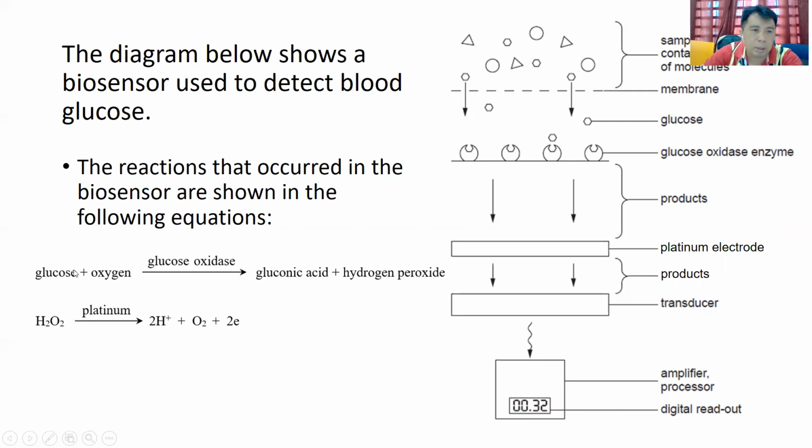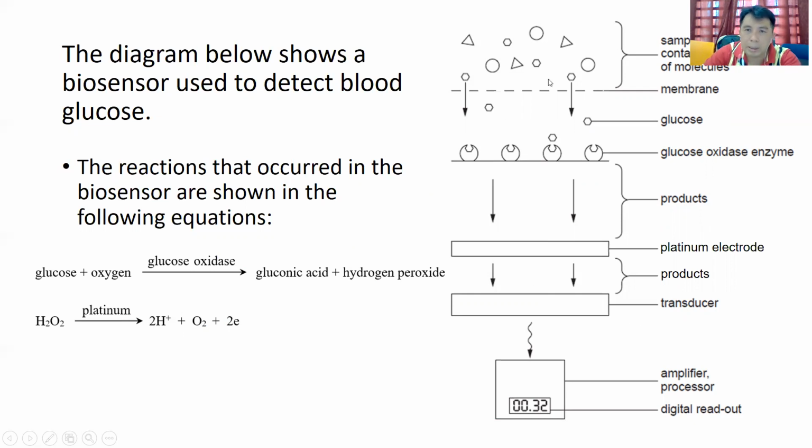The reaction equation is given: glucose plus oxygen, with immobilized glucose oxidase, converts into gluconic acid and hydrogen peroxide. Then the platinum electrode oxidizes or splits the hydrogen peroxide into hydrogen ions, oxygen, and electrons. So these three products will be here.